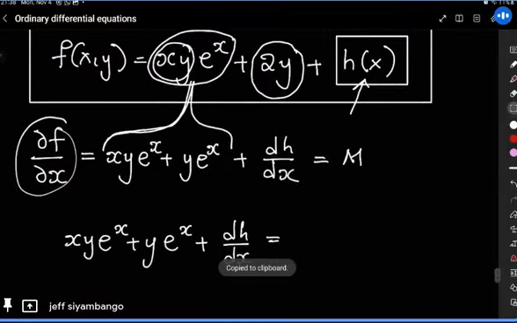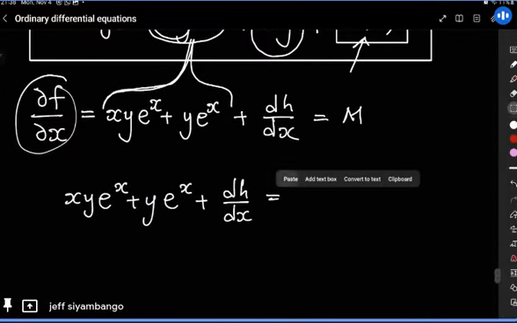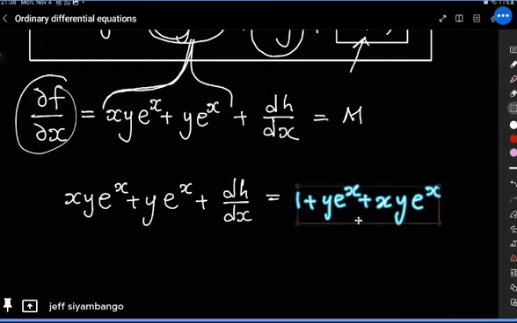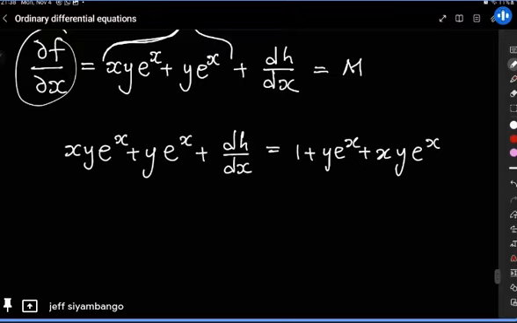So you can put this where we have m. From here, since this is dh dx, everything else that has a y must cancel out at this stage if you've done it correctly.